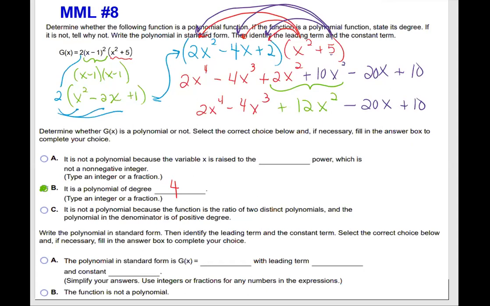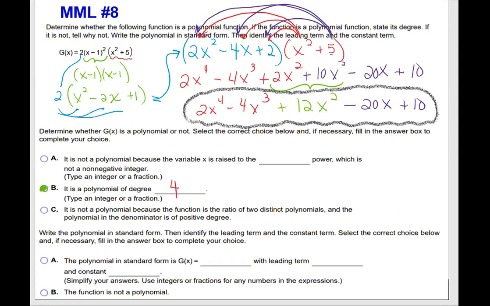And then this mess of an answer right here, that is what I would type in right here. And then the leading term is the 2x to the 4th. And the constant is at the other end, it's the 10.